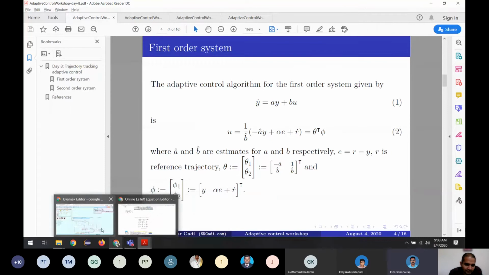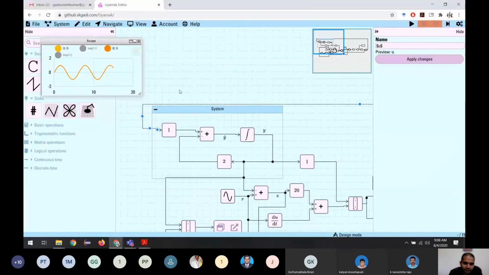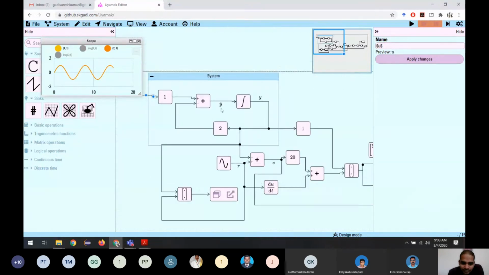Yes, sir. For example, for a PID controller, if you design the P, I, and D, you design generally by taking care of the model you are using. If you have a model, you will say what are the values of A and B, and based on that you will design, or you can say tune, the PID values. But here you are not tuning anything. Whatever values you give here, this controller will adapt itself to always follow the desired trajectory.